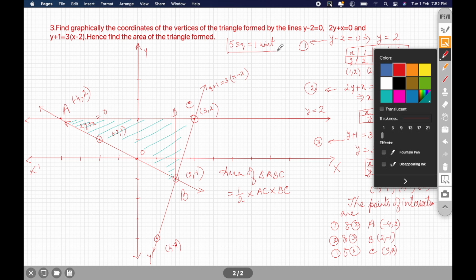This is the scale considered here. So half into, count how many units for AC. So 1, 2, 3, 4, 5, 6, 7 units for AC, and for BD it is 1, 2, 3 units. So it is 21/2 square units, that is 10.5 square units.